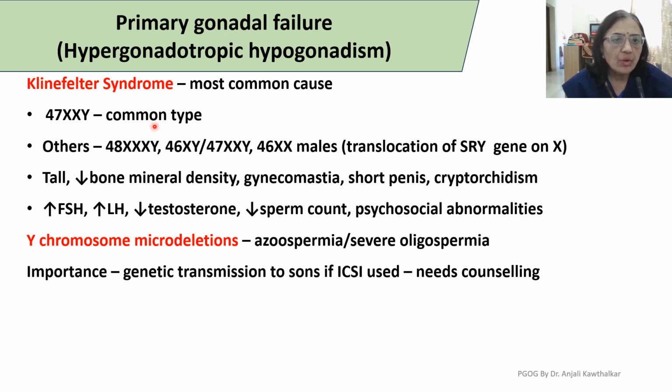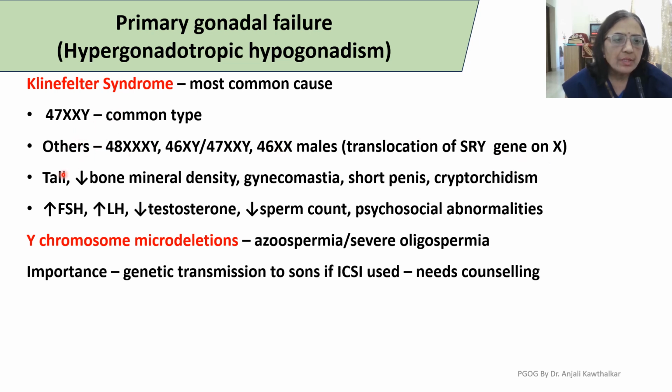This is the most common type of genetic abnormality in Klinefelter syndrome, but other genetic abnormalities can also lead to it, such as 48 XXXY, and 46 XY/47 XXY where there is mosaicism. Then there are 46 XX males. Here there is a translocation of the SRY gene onto the X chromosome.